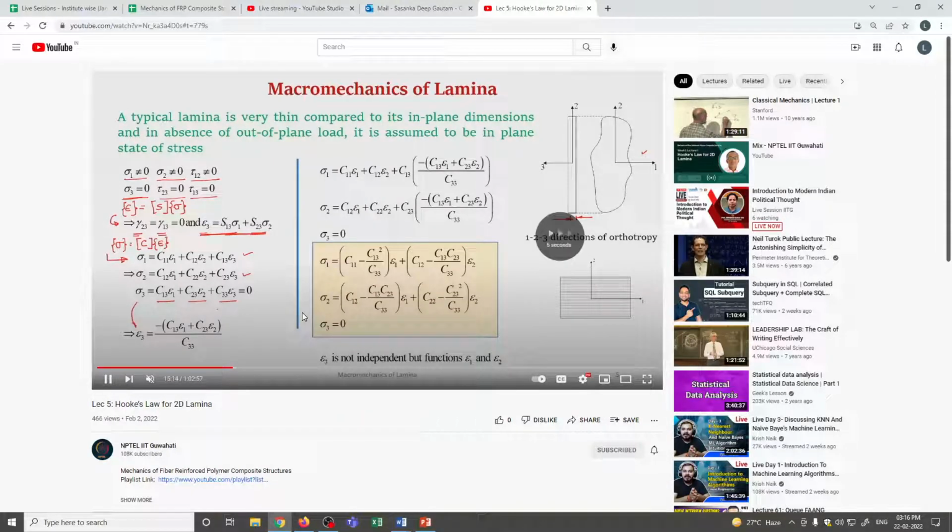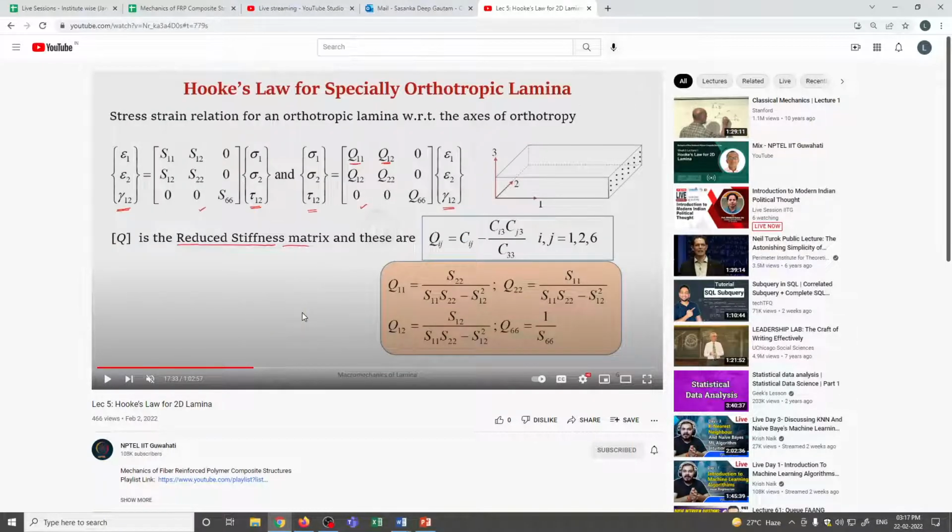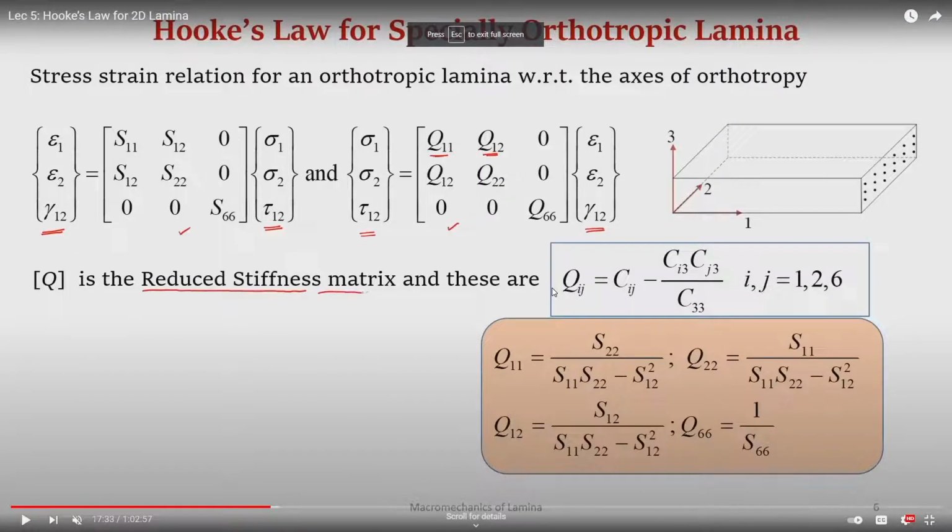There is a relationship between the reduced stiffness Q and the stiffness matrix C. One of you has written, why is this IJ going from 1 to 6, because C66 and Q66 are equal.